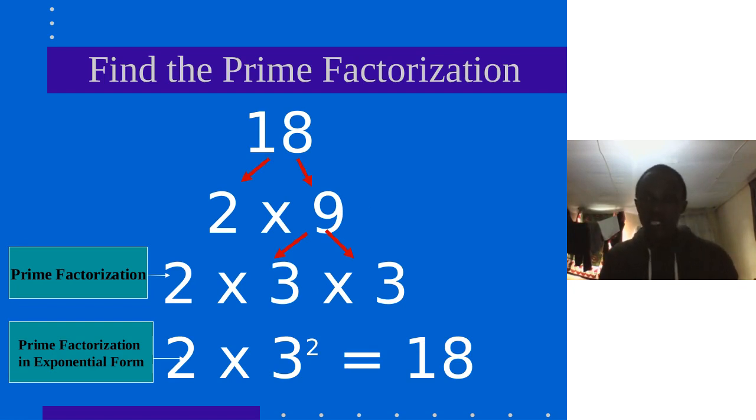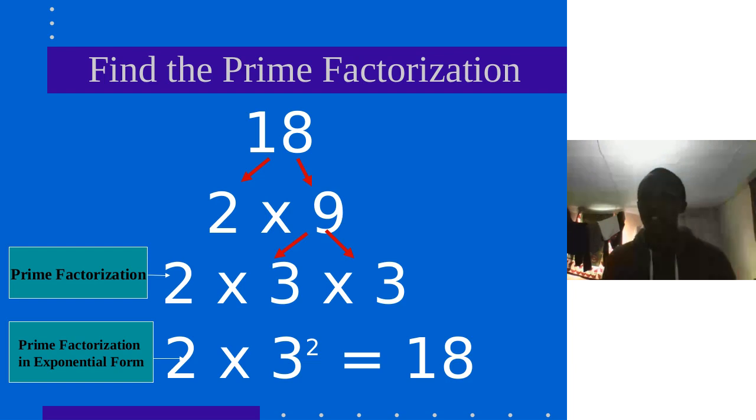Our next example is 18. The smallest factor that can divide 18 without a remainder is 2. If you divide 18 by 2, you get 9 without any remainder. Then the smallest factor that can divide 9 is 3.